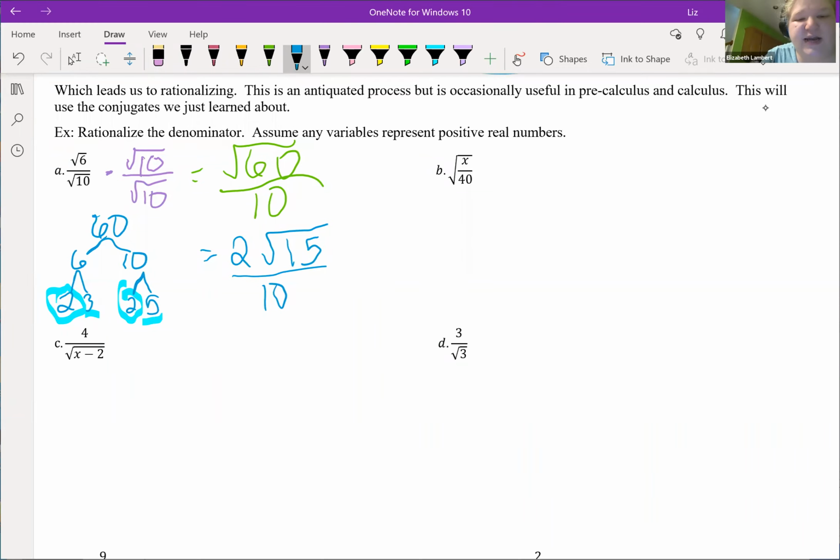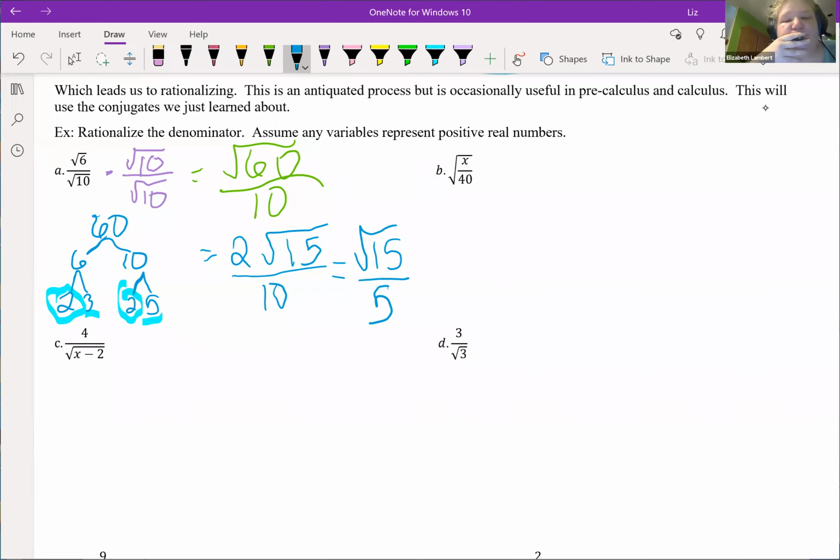So the 2 and the 10 reduce, and what we end up with is the square root of 15 over 5. When you type this, be sure that the over 5 doesn't end up inside the radical, because then you went to all the effort of doing it right and you typed it in wrong, and sometimes Alex's error messages aren't as nice as we would like.